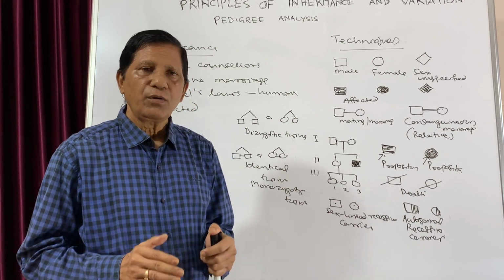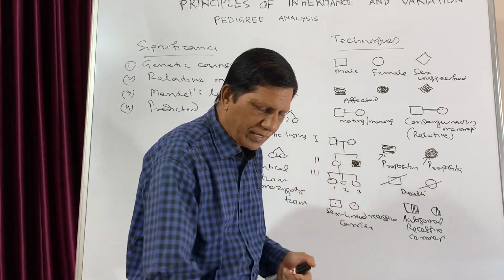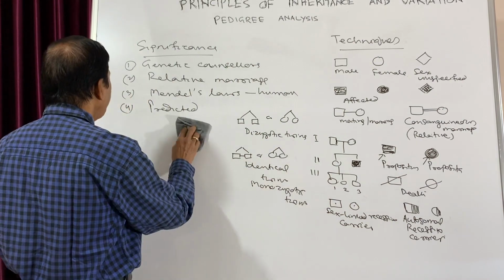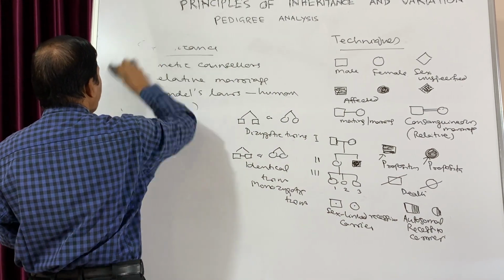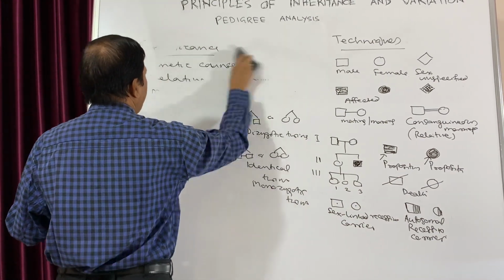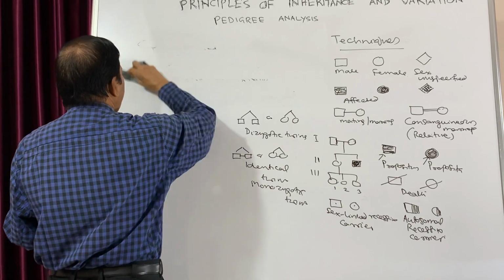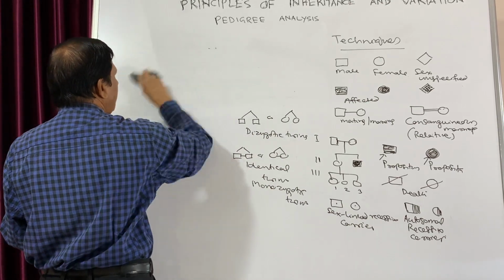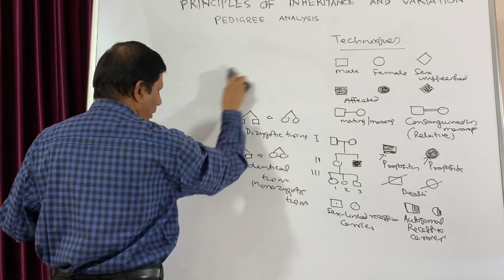Now, what is the tool? How will we predict what type of inheritance is there? So here we have to apply the method of probability.